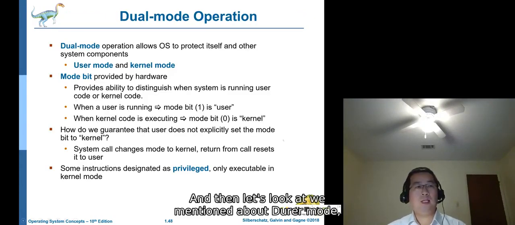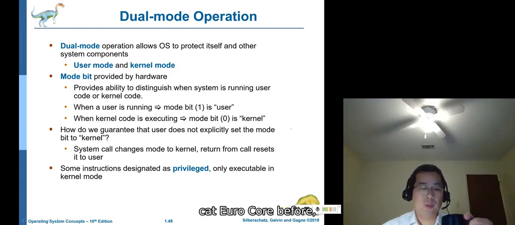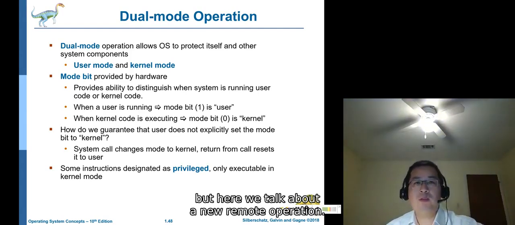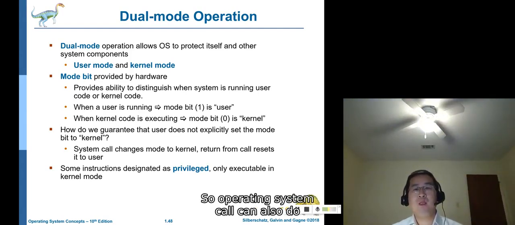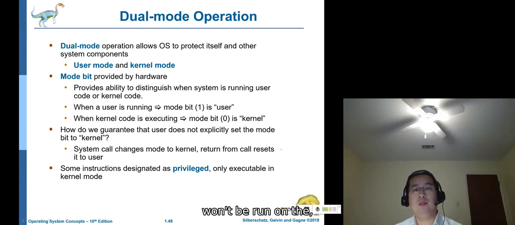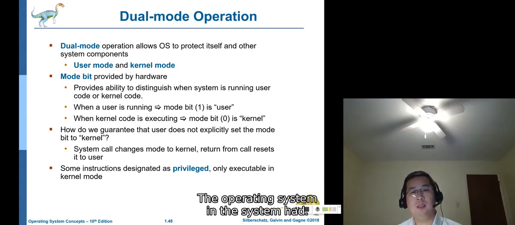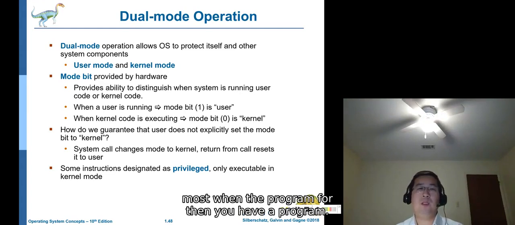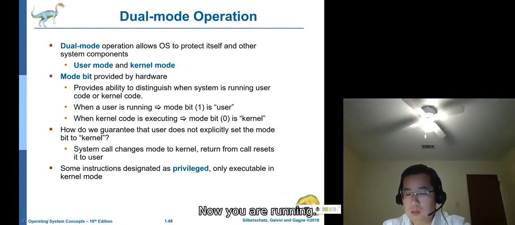And then we mentioned dual core before, but here we talk about dual mode operation. So the operating system can also do system calls, but how will system calls be run in the system? In fact, we differentiate two modes. For example, you have a program that you are running.